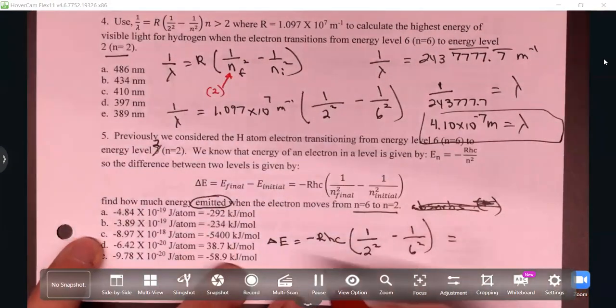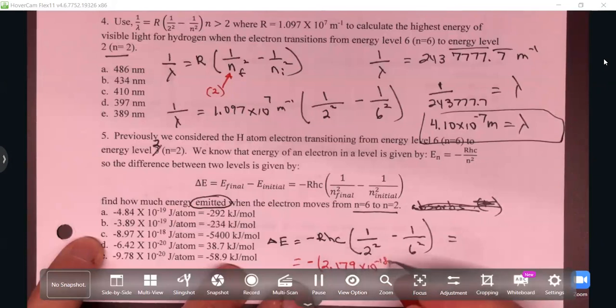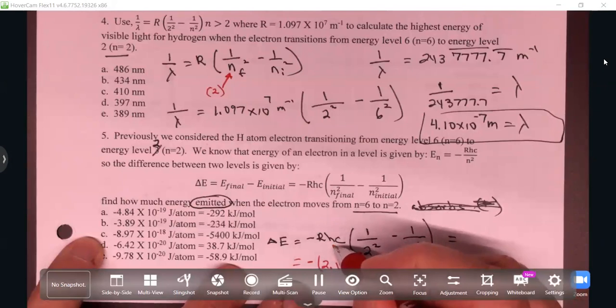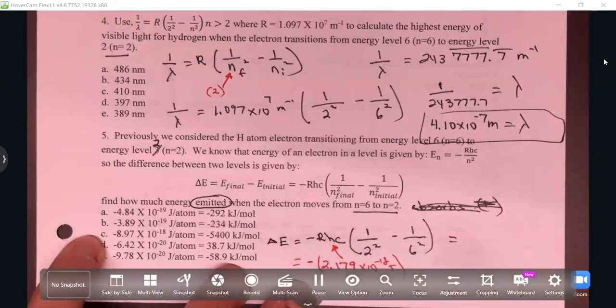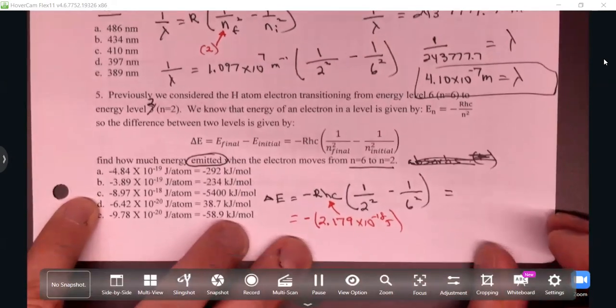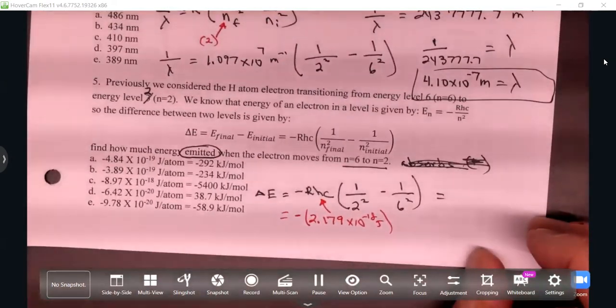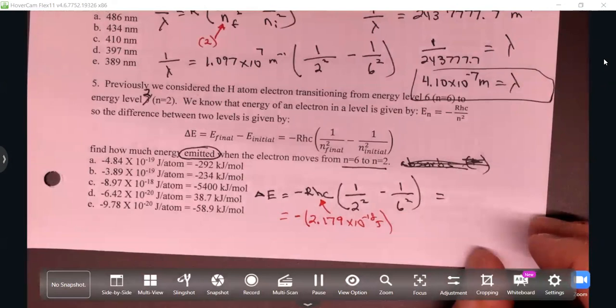And let's see, this part right here is 2.179 times 10 to the minus 18 joules. So this will give us an answer in joules per atom. What else do we have?